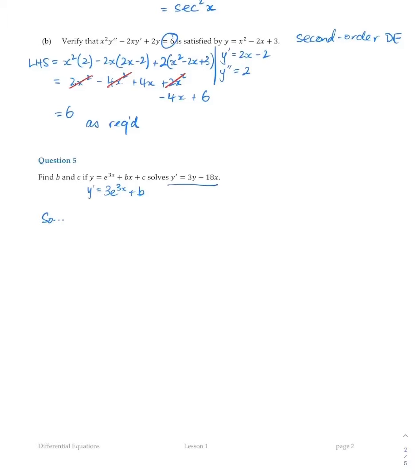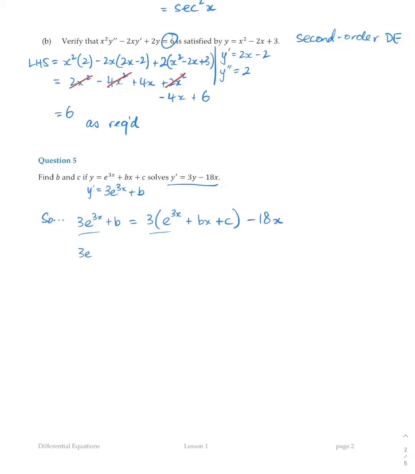So what do we have? Let's look at this. y dash, 3e to the 3x plus b, equals 3y, so 3 lots of e to the 3x plus b, x plus c, minus 18x. Now, we can see there's the same thing on both sides, but let's just expand.